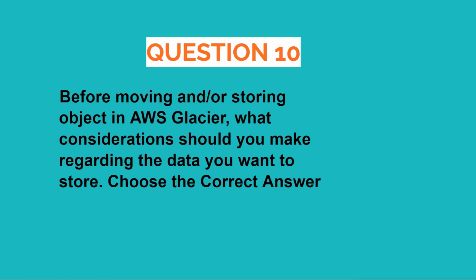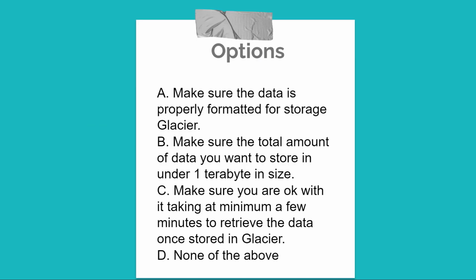Question. Before moving and/or storing objects in AWS Glacier, what considerations should you make regarding the data you want to store? Choose the correct answer. Option A. Make sure the data is properly formatted for storage in Glacier. B. Make sure the total amount of data you want to store is under 1 terabyte in size.